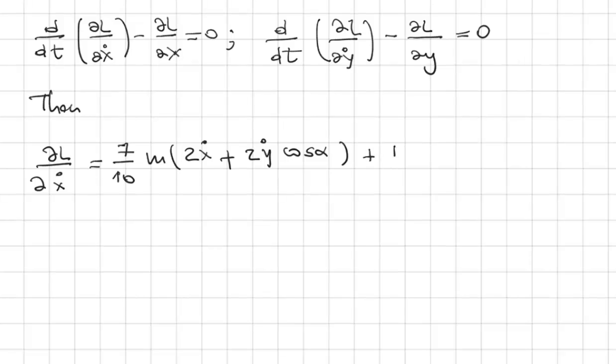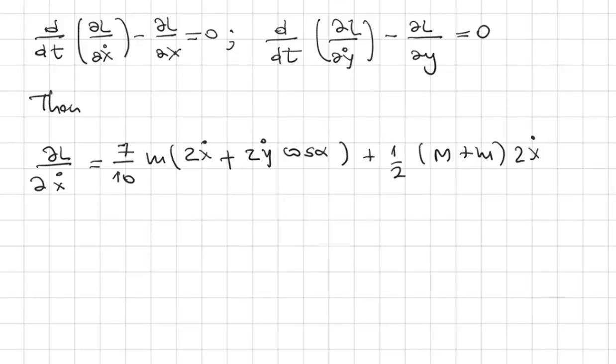That derivative is going to be 1/2 of the mass plus the mass of the ball. The derivative of x dot squared is 2x dot. The derivative of the last term of the Lagrangian with respect to this variable is 0.